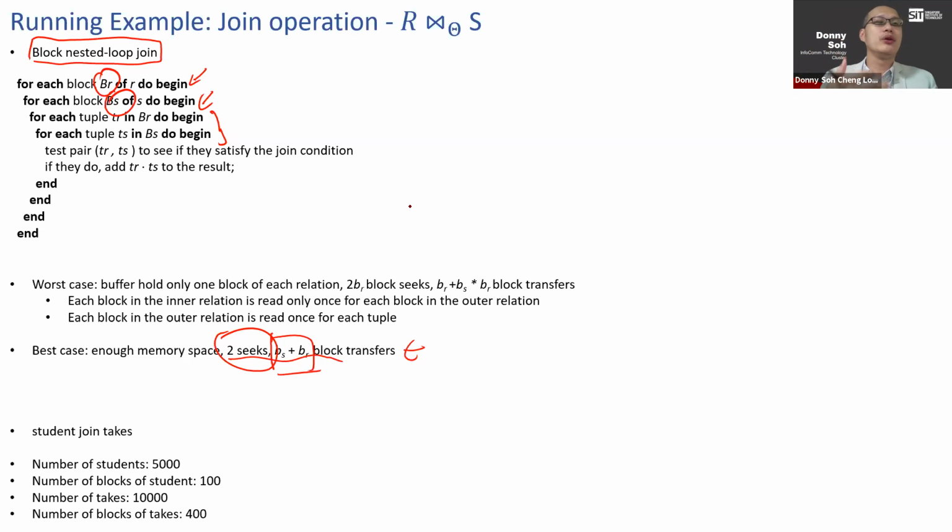For the outer loop, we load 1 every single time. So the number of transfers in the outer loop is going to be BR, because every time you load the outer loop, you load 1 time, so you have only BR for the outer loop.